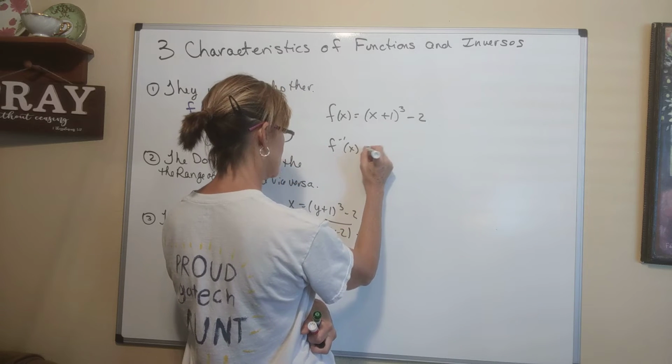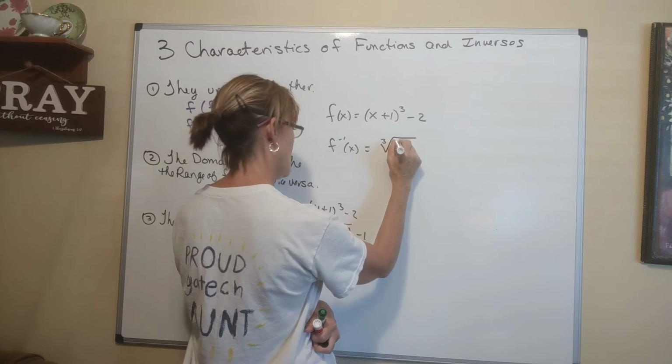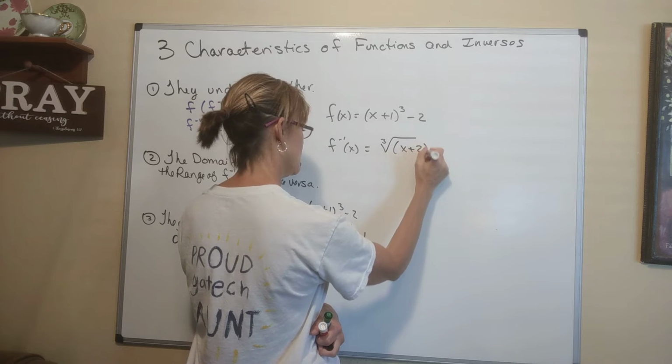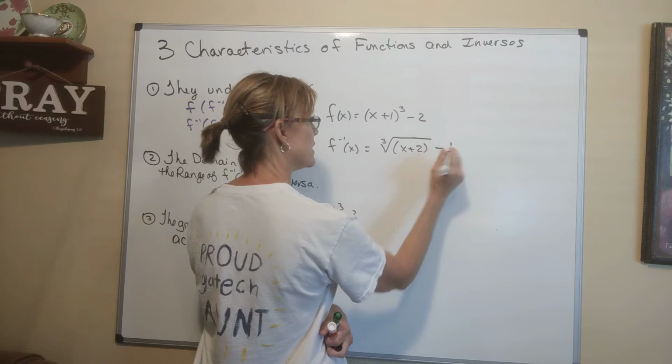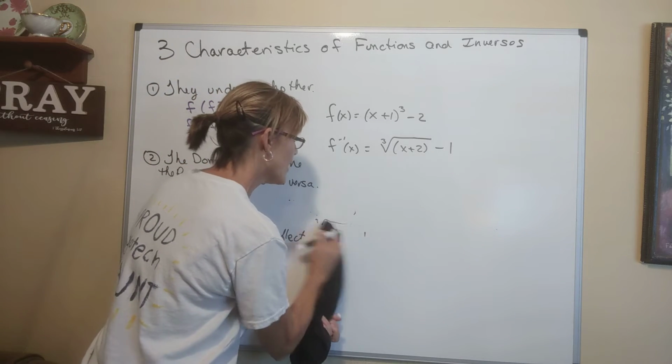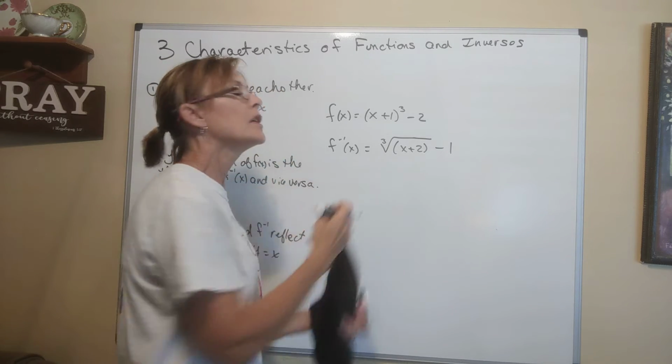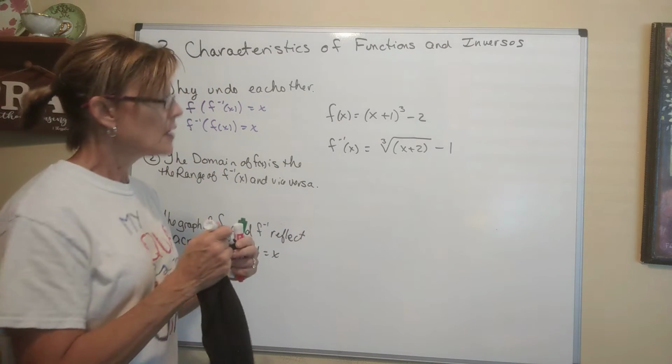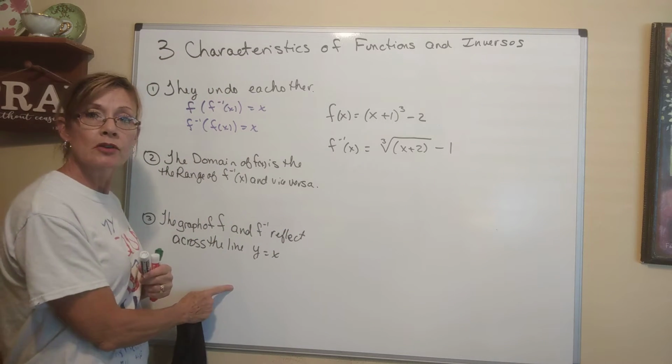Okay, so f inverse is going to be the cube root of x plus 2, minus 1. That's what its inverse is going to be. Now, I did not tell you how to find the inverse right now, but I will in a minute. For right now, I just want us to explore what the graphs do.